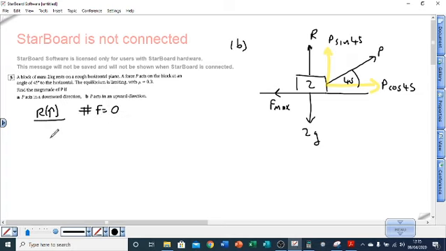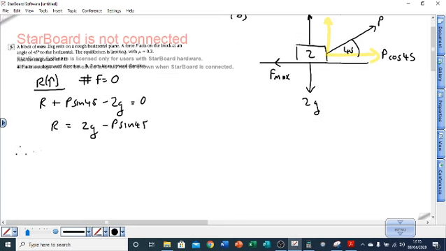The two positive ones are R plus P sin 45, and it is minus your 2G, and we know the sum of that is equal to 0. So R, quite clearly this time, is 2G minus P sin 45.